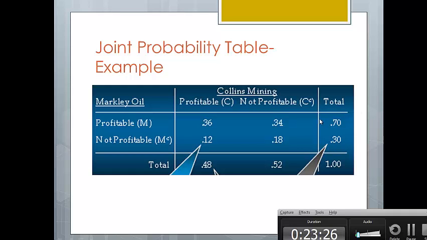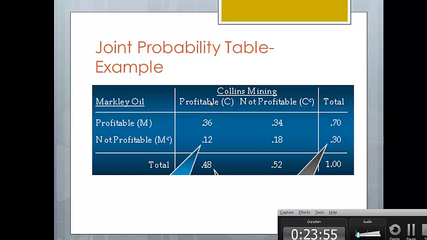So if the probability that Markley Oil was profitable was 70%, we know that our table has to add to 100%. By definition, your joint probability table must add to 100%. So if the probability that Markley Oil was going to be profitable was 70%, and this must add to 1, then there must be a 30% chance that Markley Oil is not going to be profitable.